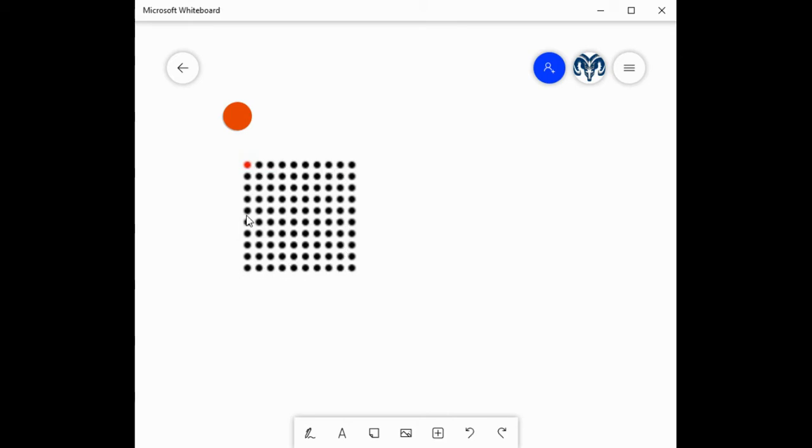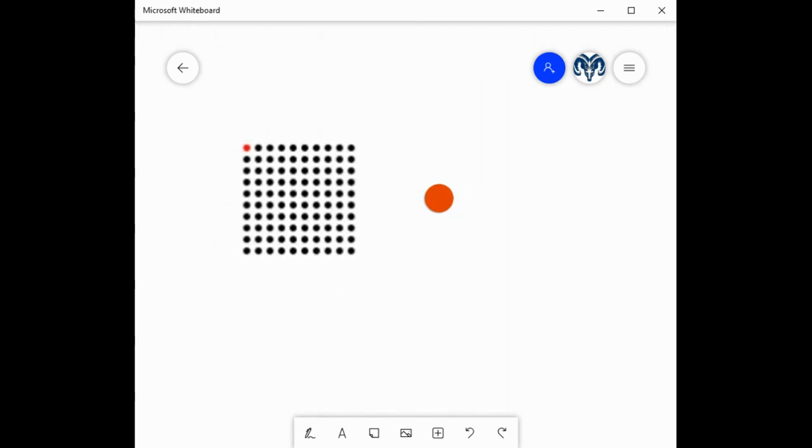Each one of these dots represents a centimeter or a gram. That means that I have 100 of these. That's 100 centimeters, and that is going to equal this 1 dot.